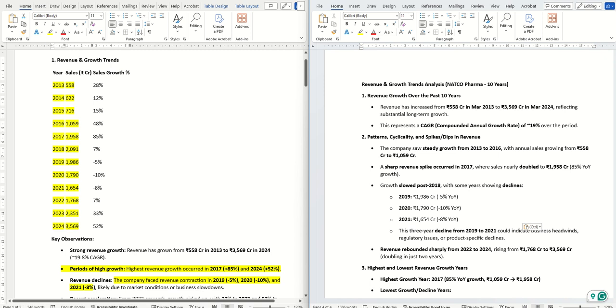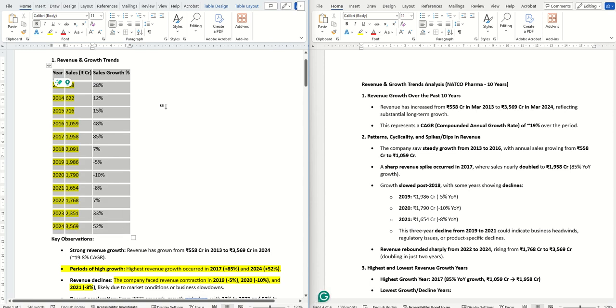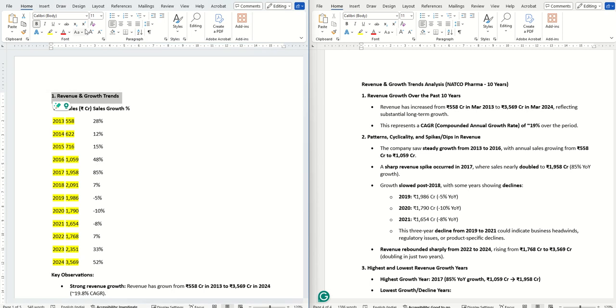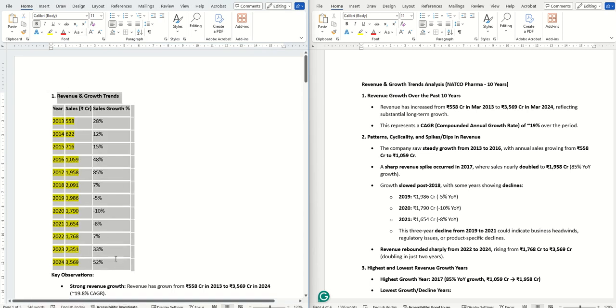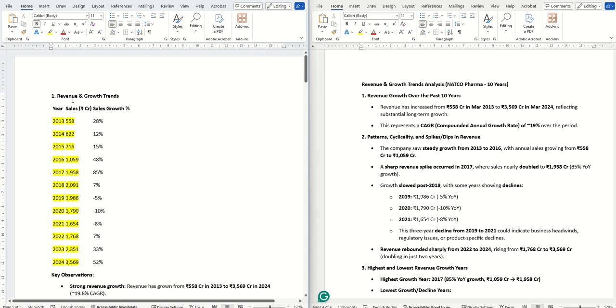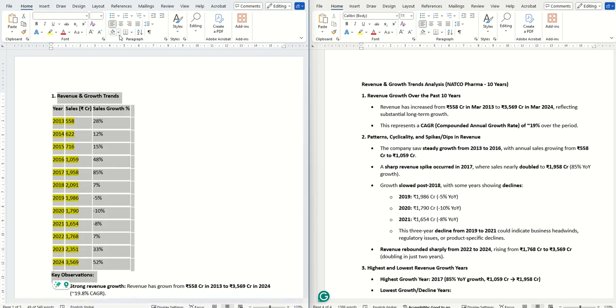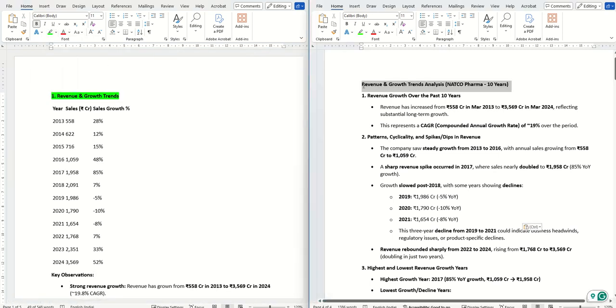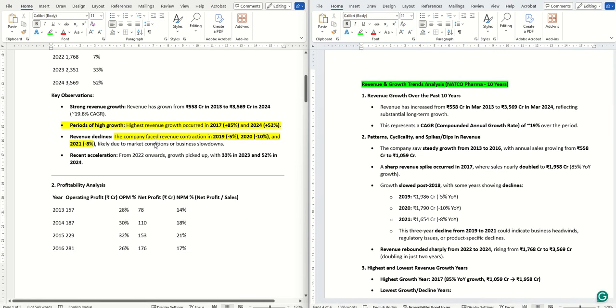Earlier also we got around 5 pages, but almost 50% of those went to the table of the revenue or whatever figures. If I take revenue and growth trends, if I consider this section alone, the key insights and key observations when we dumped the entire prompt were only 4 bullet points.